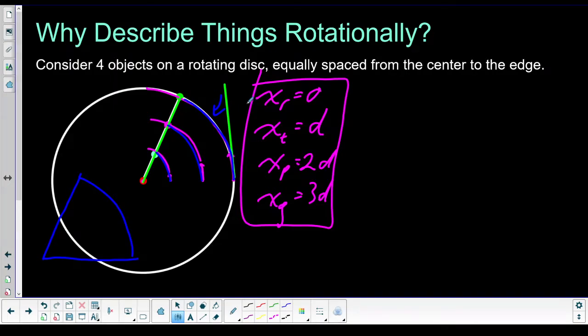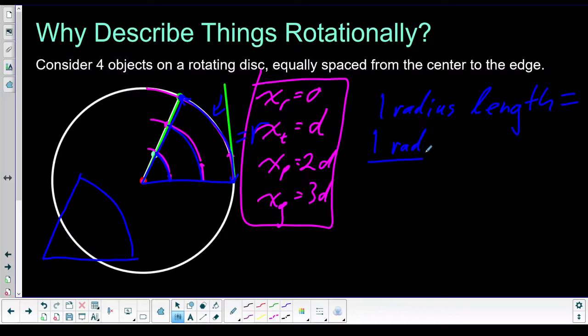You bend that thing down so that this distance here is equal to the radius of the circle. The angle made by this endpoint and this endpoint, the angle made by traveling one radius length around the edge of the circle, is called a radian. Length equals 1 radian. And radians are another way we can measure angles instead of degrees.